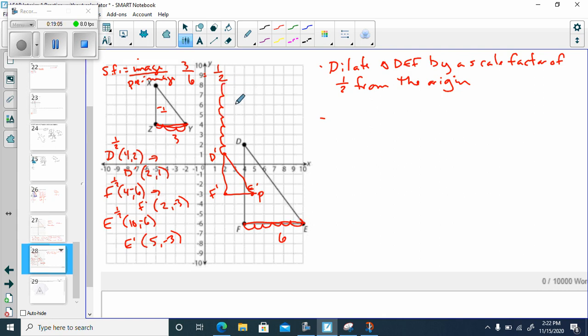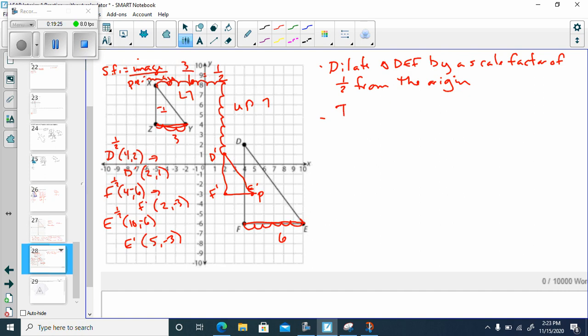So I'm translating up 7. Let's see how many left I'm going to go. 1, 2, 3, 4, 5, 6, 7 left. Left 7. Up 7, left 7, right?